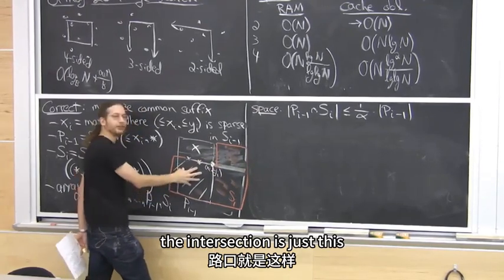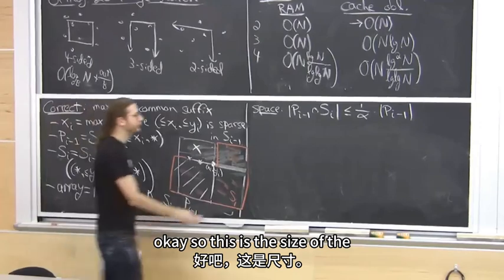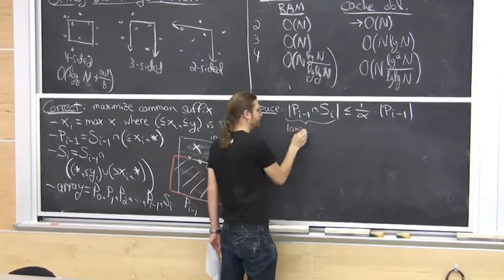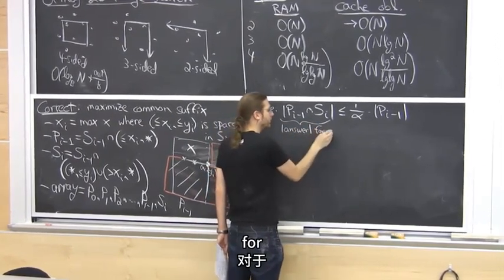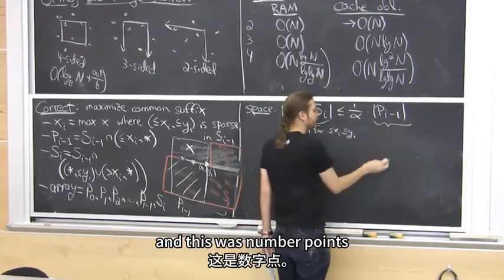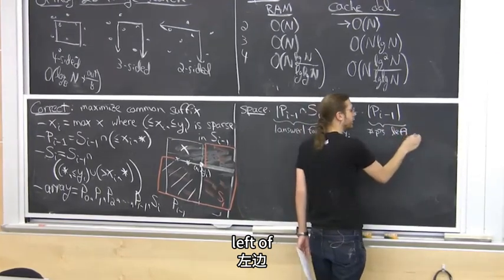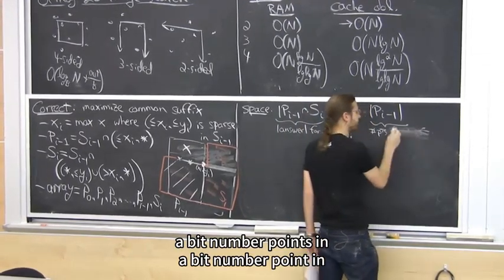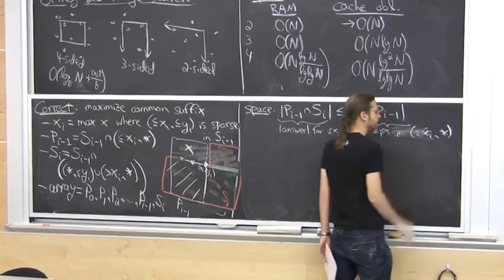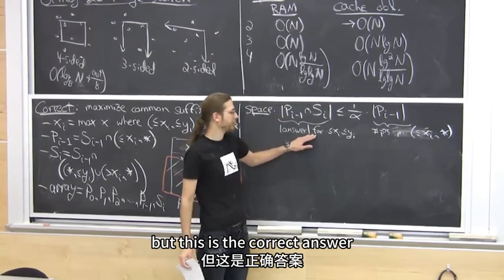But the intersection is just this. That's the answer for this query, x_i, y_i. So this is the size of the answer for x_i, y_i. And this was the number of points less than or equal to x_i star. We wanted to just do a linear scan like this, but this is the correct answer.